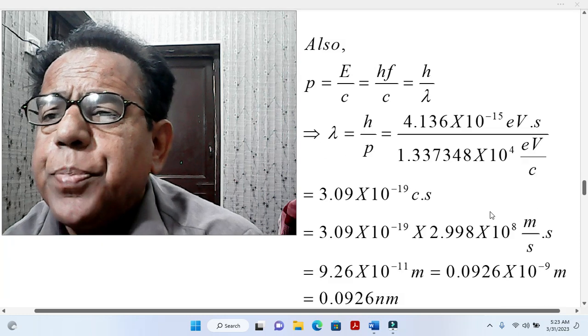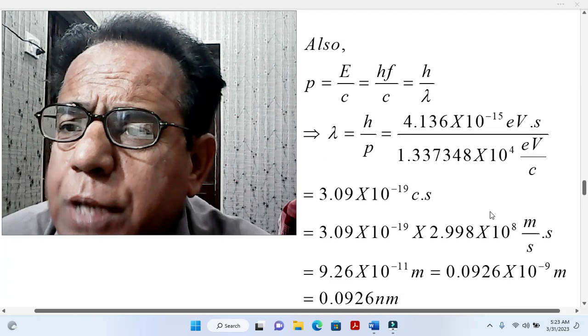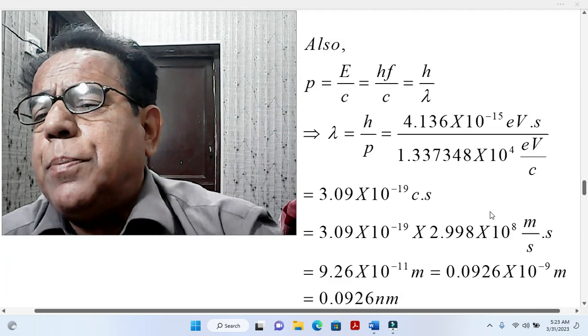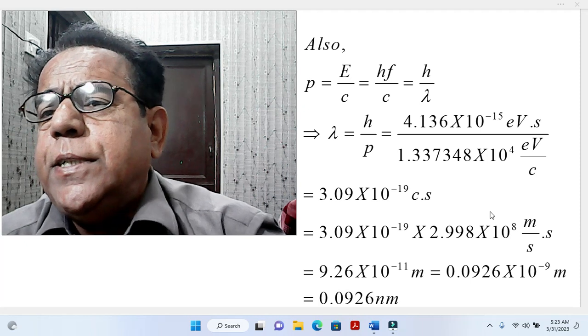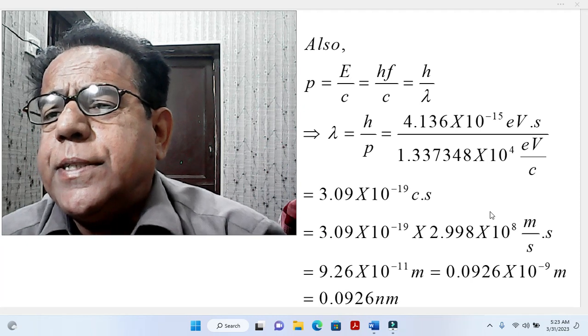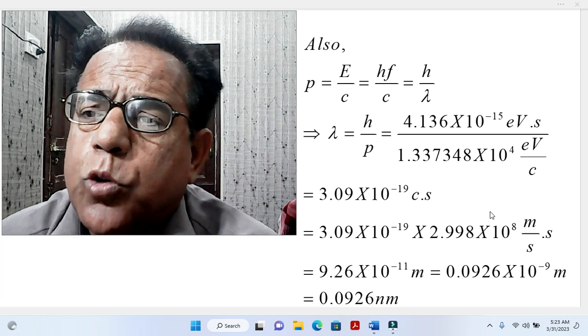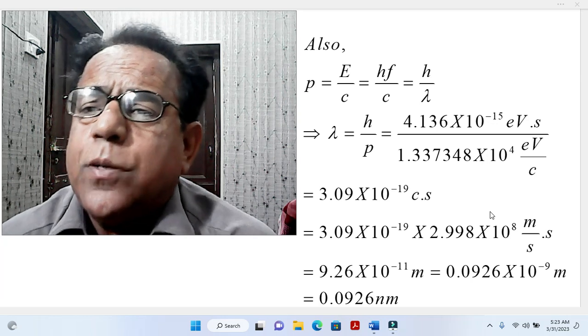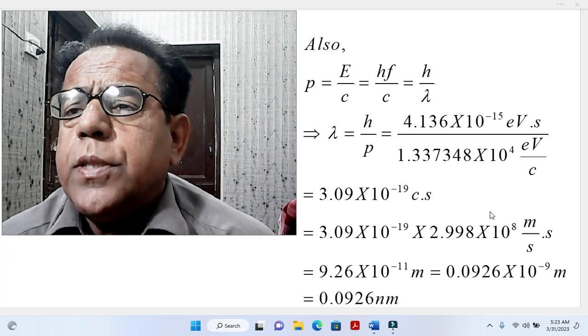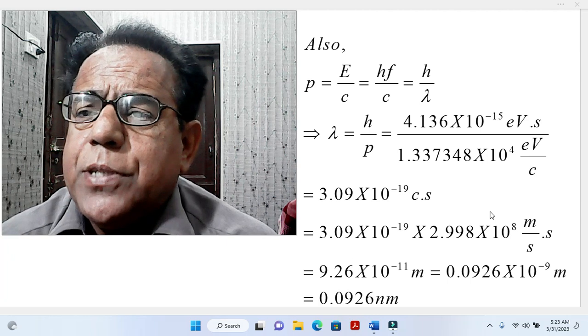Also, p is equal to E over c is equal to hf over c is equal to h over lambda. This is the tool which we introduced at the top of the list at serial number 1, the first tool in which momentum of photon was defined. So this implies that lambda becomes equal to h over p.